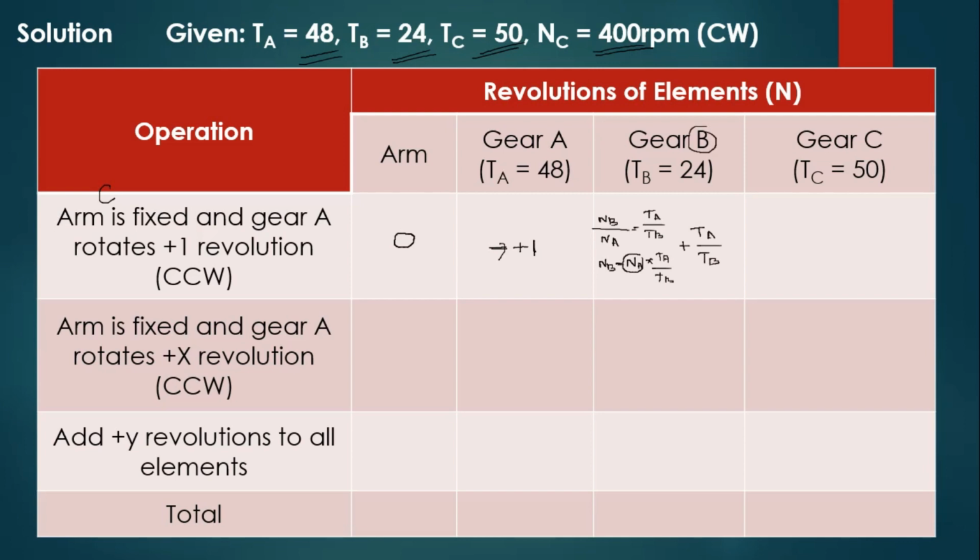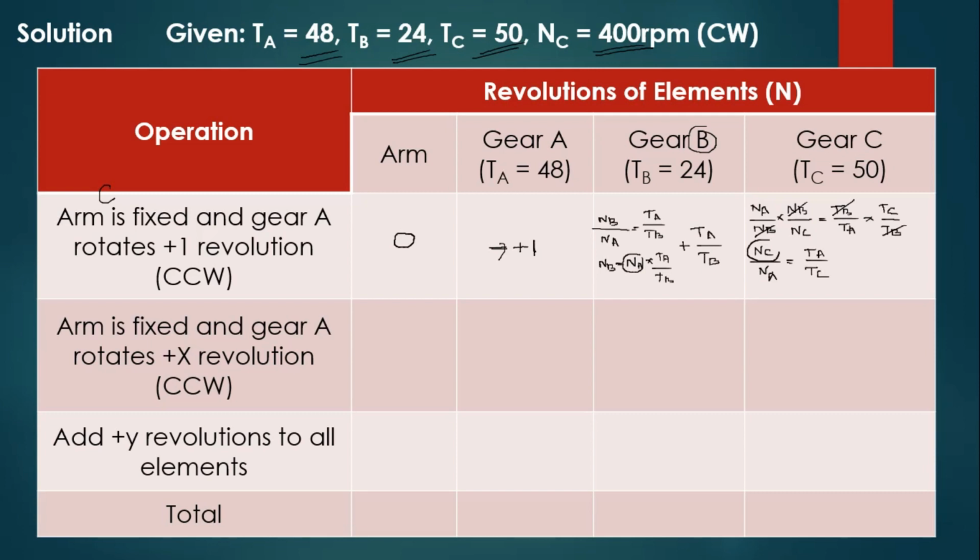Next NC. Now we have to form the equation. NA divided by NC, because A is meshed with B and B is meshed with C, is equal to TB divided by TA into TC divided by TB, clear? So the speed NB is cancelled, and the teeth TB is cancelled. Now this equation becomes NC divided by NA is equal to TA divided by TC.